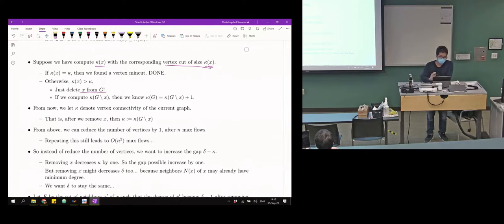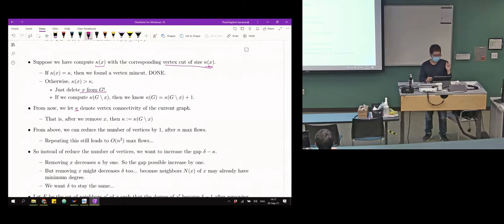Or if you want a cut itself, you find a cut there, and then you just add x into your solution. Okay. From now, let me denote kappa as the vertex connectivity of the current graph.